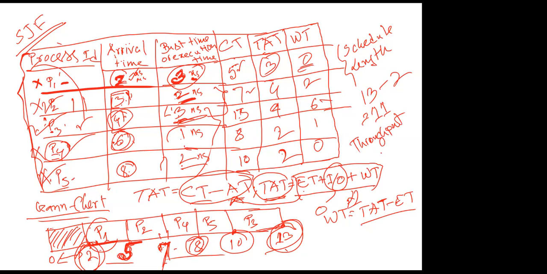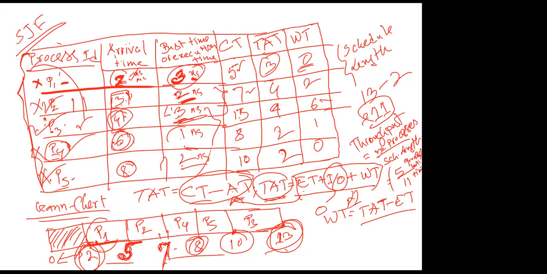So the throughput equation is number of processes divided by the schedule length that we calculated here. What is the throughput? The number of processes is 5, divided by schedule length 11. The unit is processes divided by unit time.